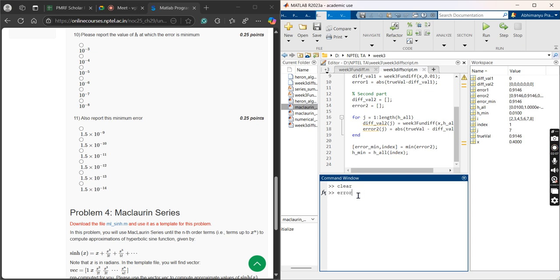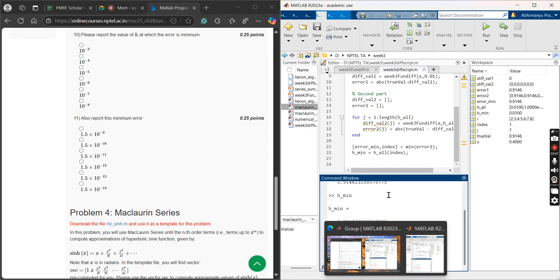So error min is this, and it happens for h minimum of 0.01. Okay. We can also see this using the plot. So if I plot h all versus error, error 2.